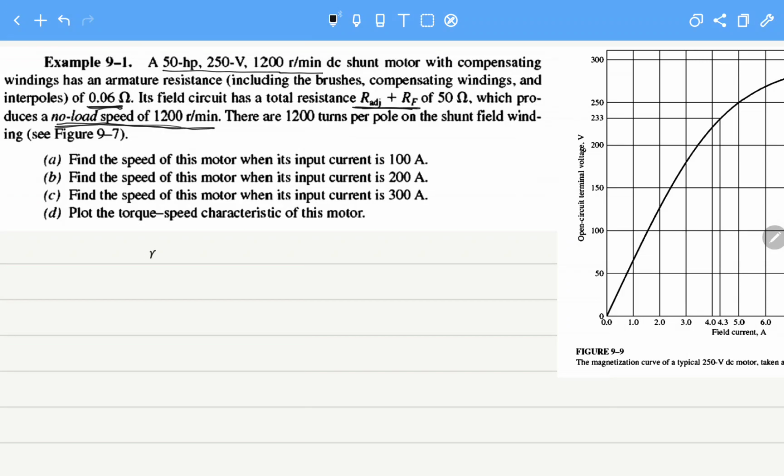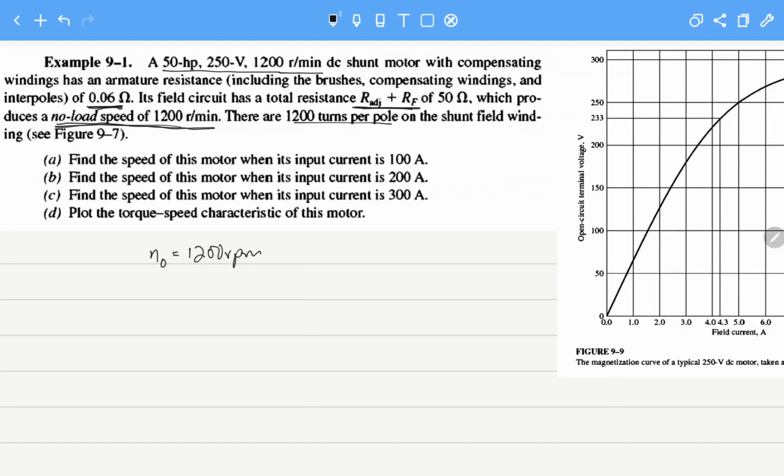So if we consider N0 to be the no load speed, that is 1200 rpm, at the rated voltage, with 1200 turns per pole on the shunt field winding.